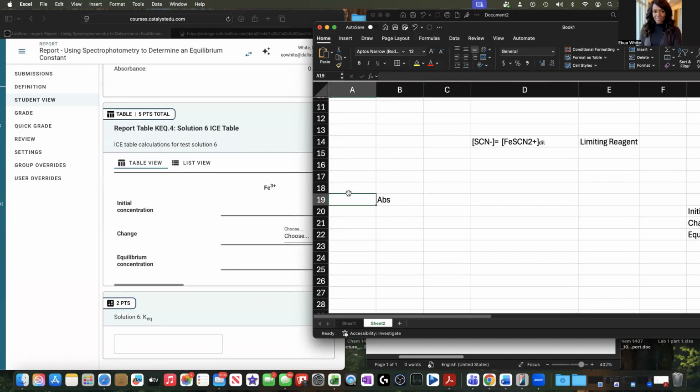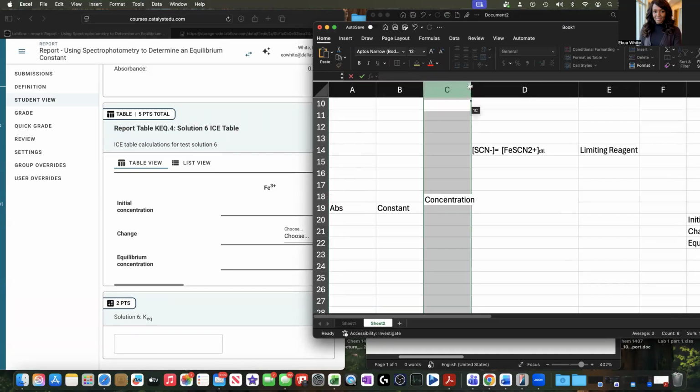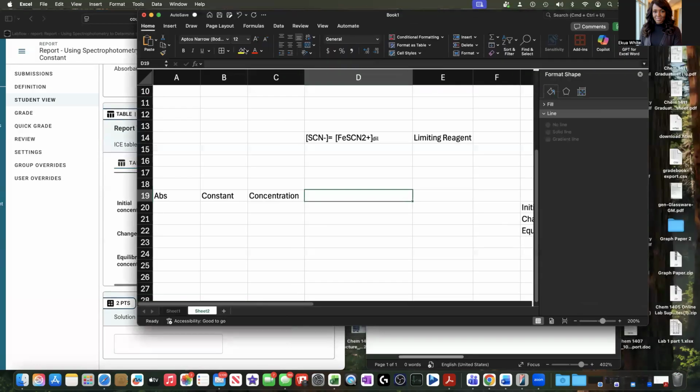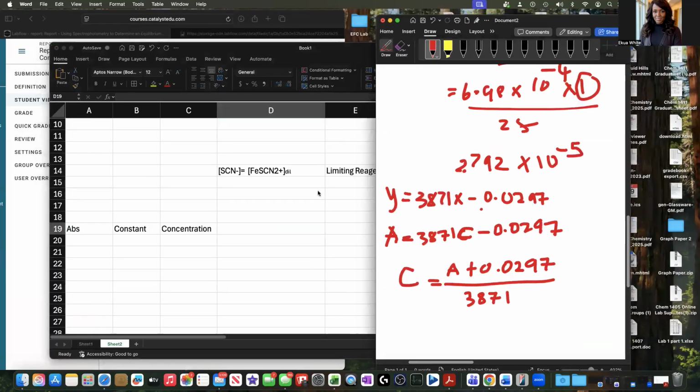I'm kind of making this up, so give me a moment to think through this. Here we have the concentration of the ions, remember it's the product only. I'm trying to convert what I showed you earlier into this.